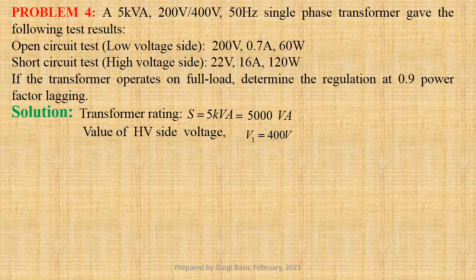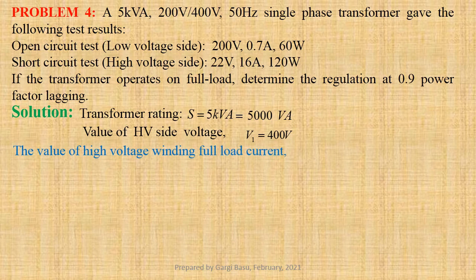Let us now find the value of high voltage winding full load current. I1FL equals S divided by V1, that is equal to 5000 divided by 400, that gives us 12.5 ampere. Now we shall determine equivalent circuit parameters from short circuit test data.